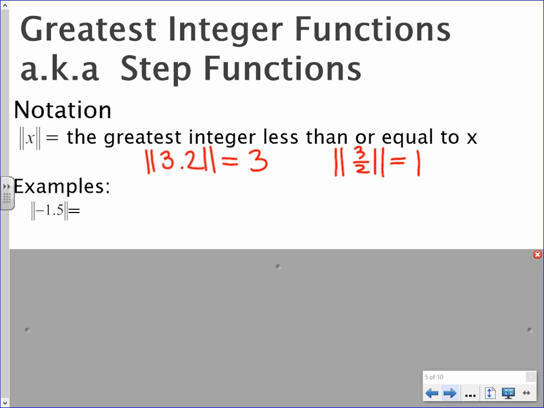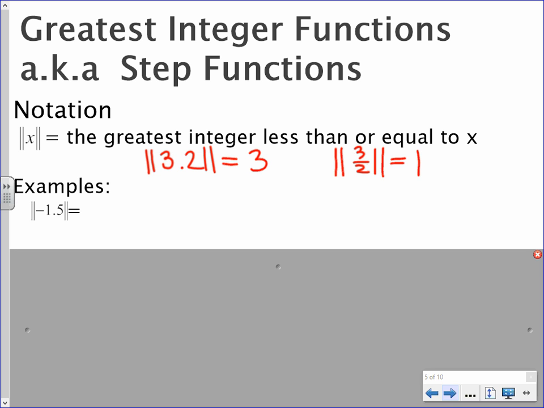What if I gave you the greatest integer of negative 1.5? Negative 2 or negative 1? Negative 1 is greater than negative 2. Correct.